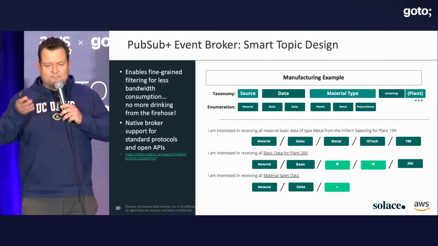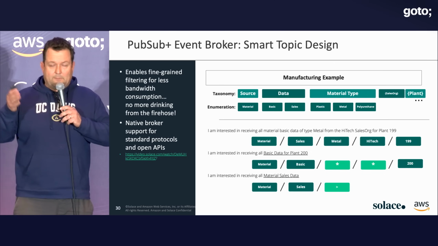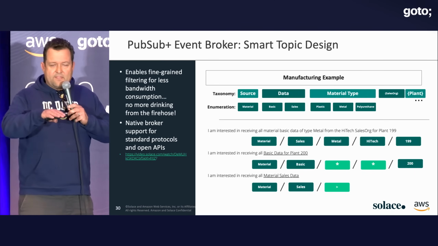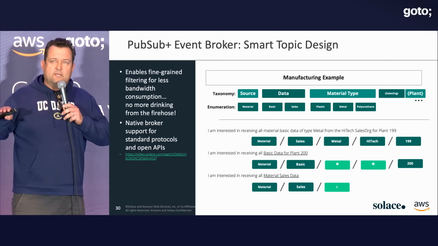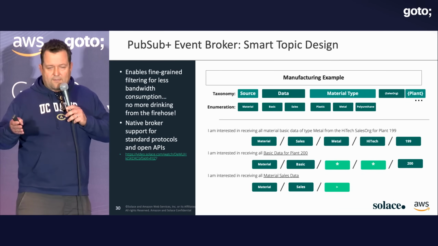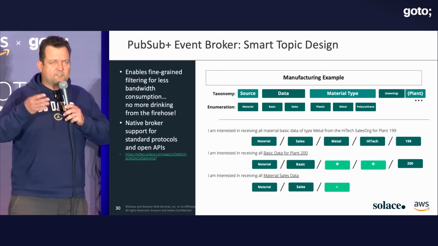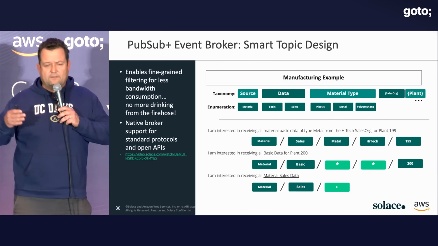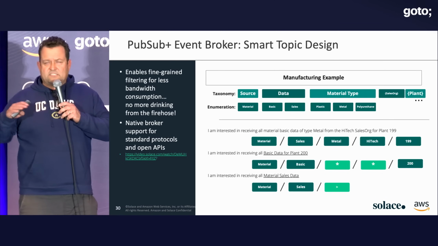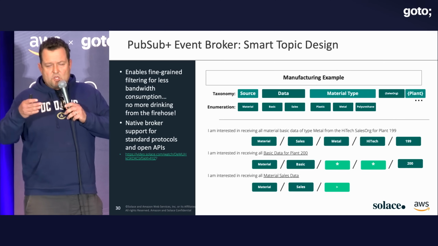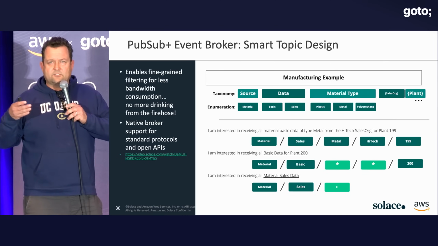There's data, there's a material type, maybe the sales org, maybe the plant, et cetera, some details about the data. And then you've got enumeration, potentially enumerated values of those, right? So what kind of materials, if it's basic, if it's sales data, if it's plastic, if it's metal, those kind of details there.